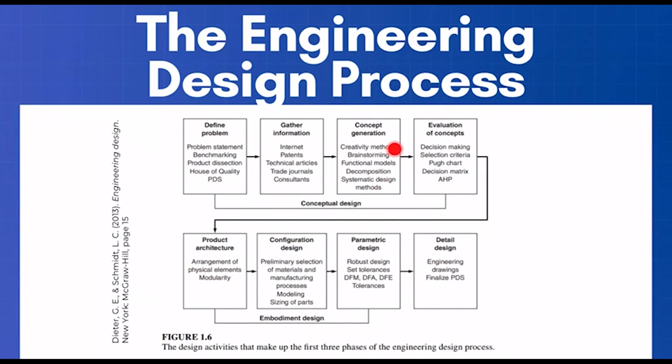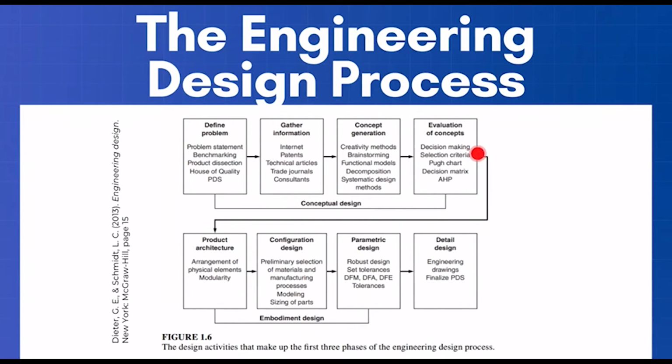After that, we will make a concept in the concept generation process, where usually we will use a functional model, which is decomposition, and then we will use a systematic design method, which is the morphological table or method, to produce several concepts.